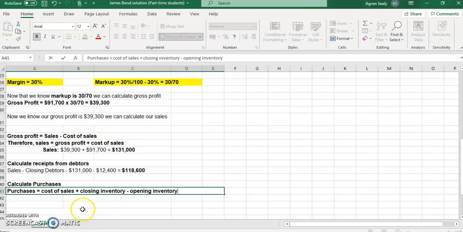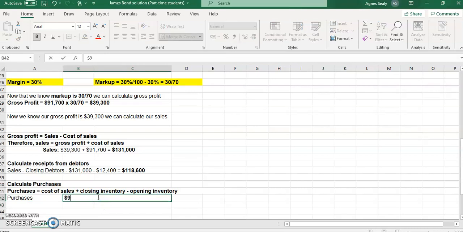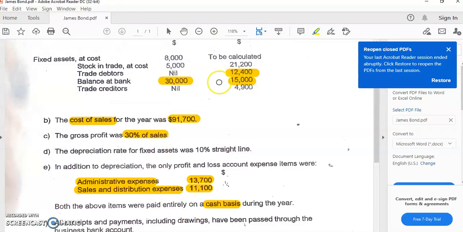Right? So if that is so, then our purchases will then equal $91,700, which is our cost of sales, plus 21,200, which is our closing inventory that is given to us here.